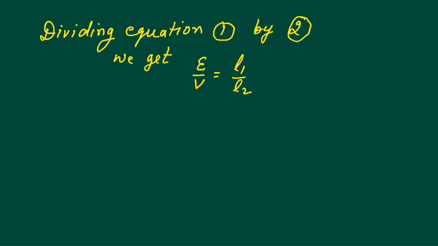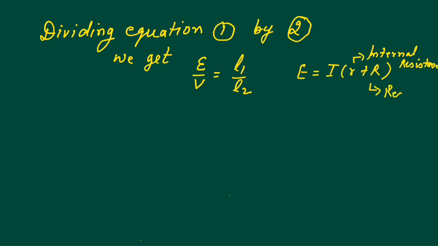Now we know that E equal to I into R plus r, where small r is the internal resistance and capital R is the resistance of the resistance box. We can write from Ohm's law V equal to IR.